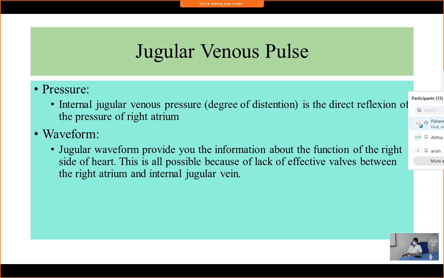And this is all possible, as we discussed, because of the lack of valves between the right atrium and the internal jugular vein. So this is the reason why we examine the internal jugular vein, not the external jugular vein, because the external jugular veins may have valves, and any change in the right atrium may not be reflected properly in the external jugular vein.